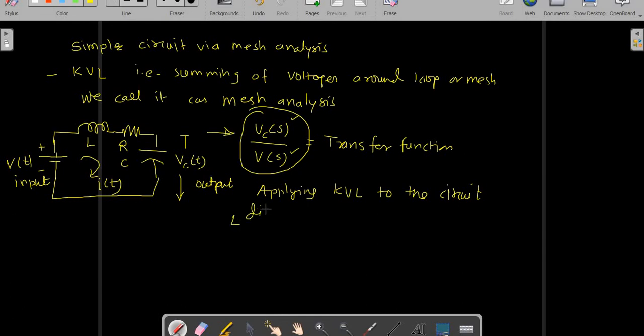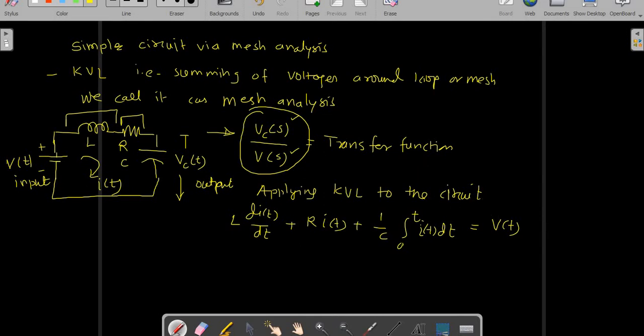L di of t by dt, that means this term, this voltage, plus R I of t, this voltage, plus now we will be talking about the voltage across capacitor, 1 upon C integration 0 to t I of t dt is equal to V of t.